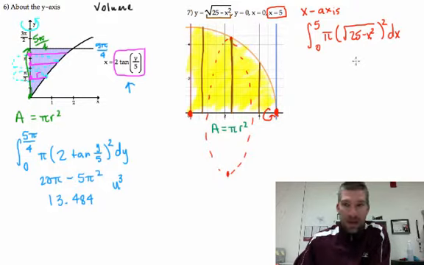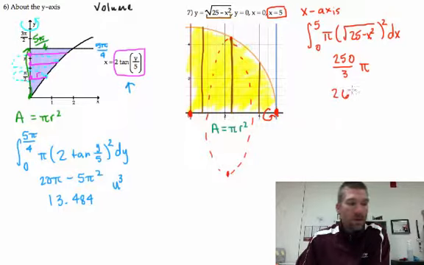So once again, my kids can punch it in. You need to do what your teacher or professor asked you to do. The integration part is actually not going to be too difficult. The exact answer for this one is going to be 250 over 3 pi units cubed. Or if you punch it into your calculator, 261.799.